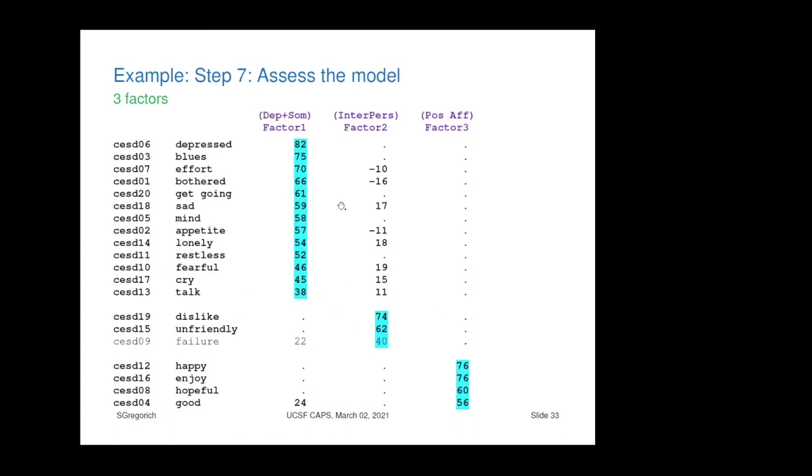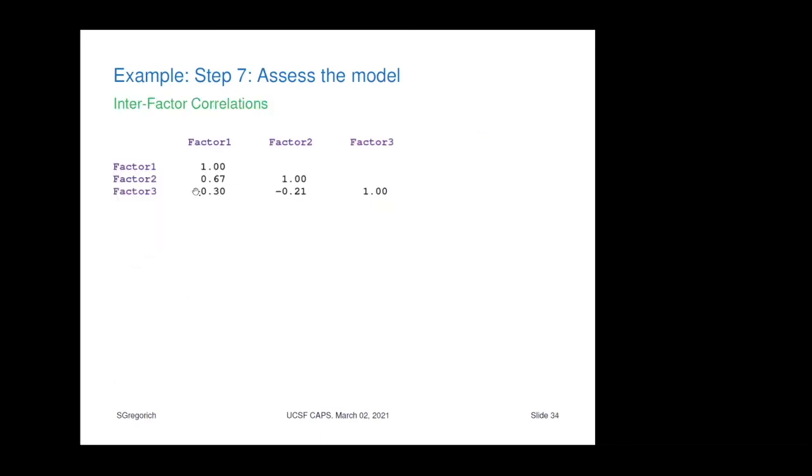And it's a reason why sometimes I think a three-factor solution is suggested in the literature, especially when you get into different cultures that don't make as big of a distinction between depressive symptoms and somatic symptoms as we do in the United States. There's the interfactor correlations between those. And again, factor 3 was the positive factor, so it's negatively related to the other two.